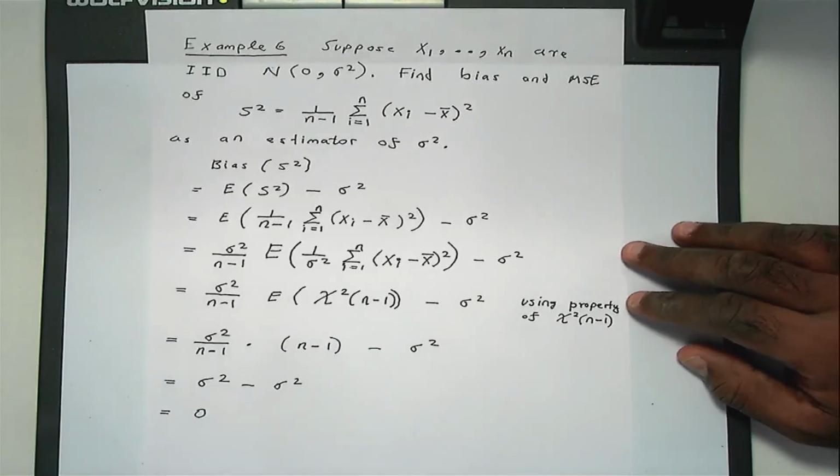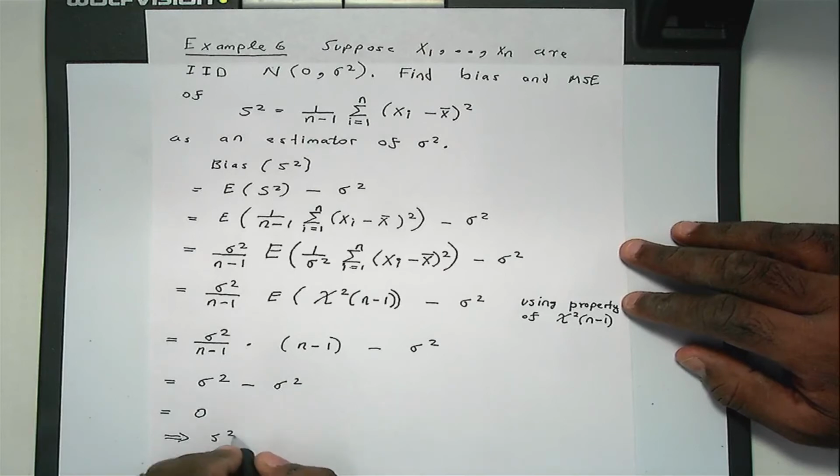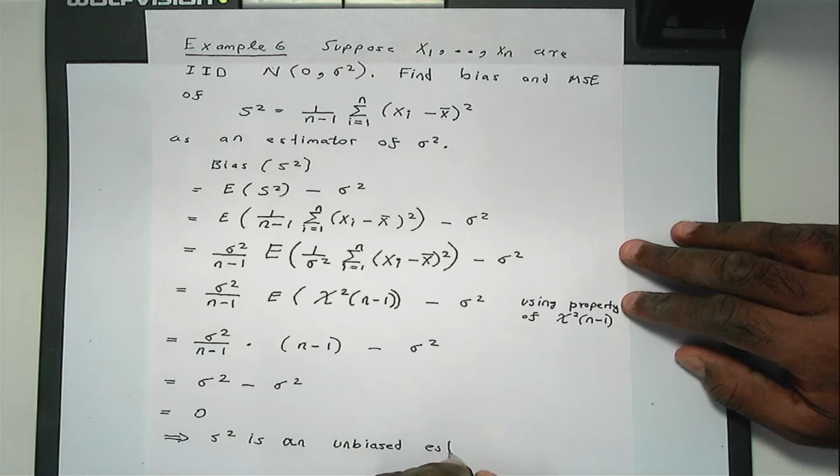So the conclusion here is that S squared is an unbiased estimator of sigma squared.